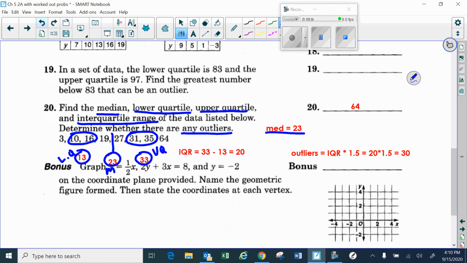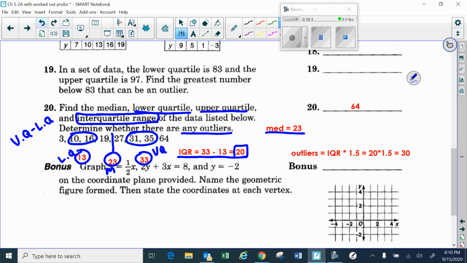All right, interquartile range. These two words right here mean the upper quartile minus the lower quartile. You just subtract the two. So 33 minus 13, 33 minus 13 is 20. Now we've found that one.